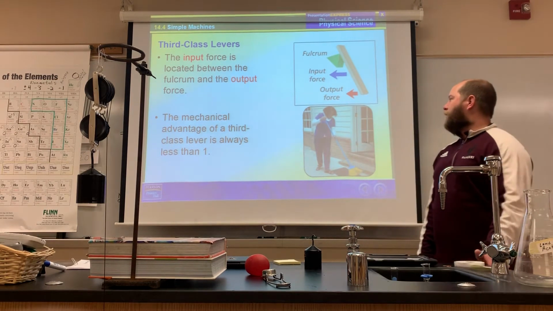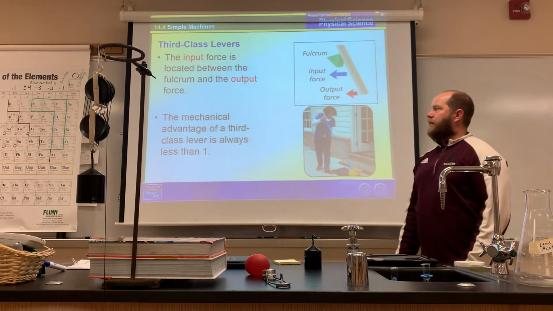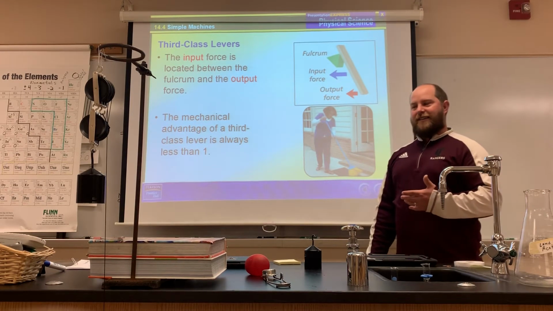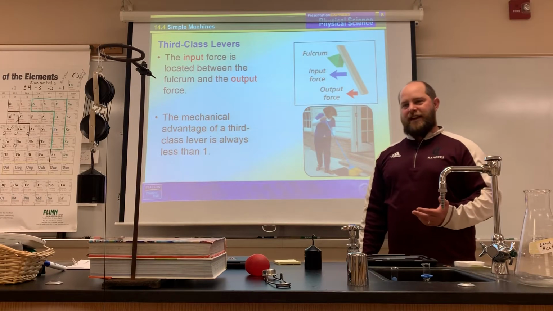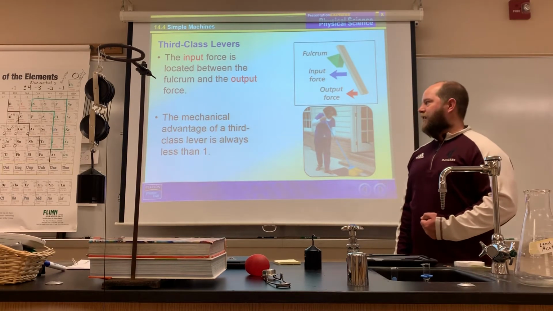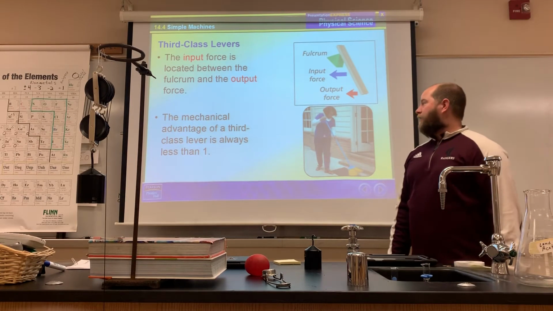Let's talk about a third class lever. Now, third class levers are like the opposite in terms of mechanical advantage. We don't get a mechanical advantage out of a third class lever. It's actually less than 1.